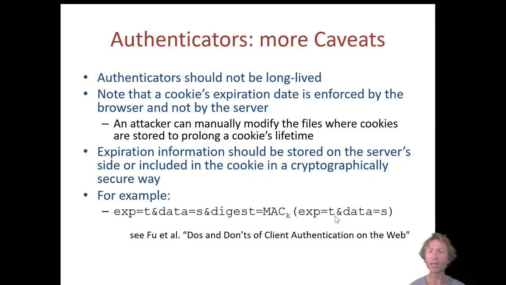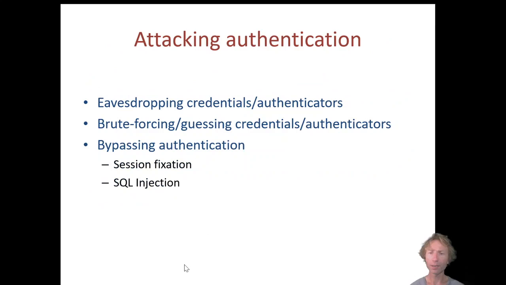For instance, you have an expiration date, and then you have the actual content of the cookie, and then you protect that with a digest, a keyed hash that contains the expiration date and the value. And that means that any attempt to tamper with the expiration date, or indeed with the value, will be caught by the server, because the server can simply check whether the hash still matches the contents and still matches the expiration date.